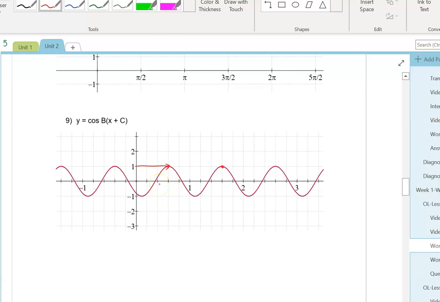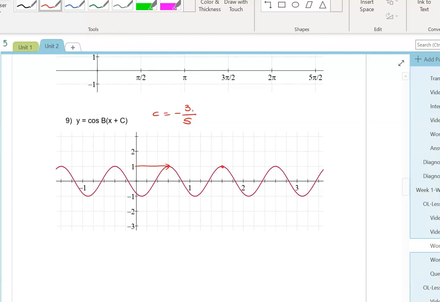That's 2/5. So the shift C is going to be a negative 2 over 5. Hang on a sec, that's 3 over 5. Apologies, that's me just being silly. 3 over 5.